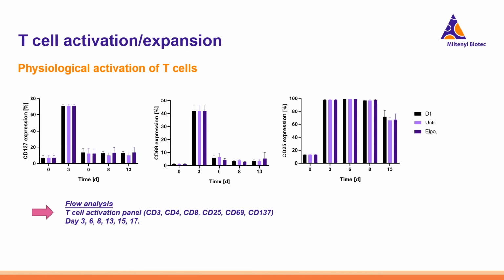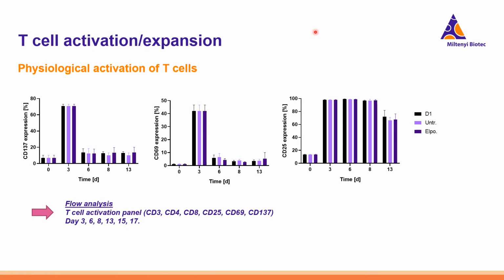CD137. Applying the T-cell activation panel, including the markers CD3, CD4, CD8, CD25, CD69, and CD137, we observed that all three markers were upregulated upon T-cell activation using T-Cell TransAct via TCR signaling, but with different kinetics. And CD137 and CD69, they are very early activation markers, and they are usually detectable within hours after the T-cell receptor ligation, and the expression is induced.